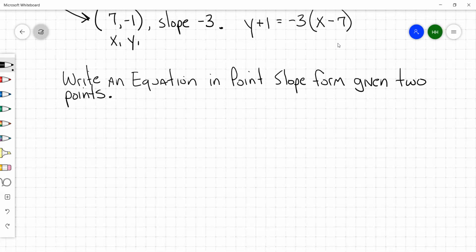I'm going to write an equation in point-slope form given the 2 points. So if you're given 2 points, and let's say you got 3, 2, and 5, 8.